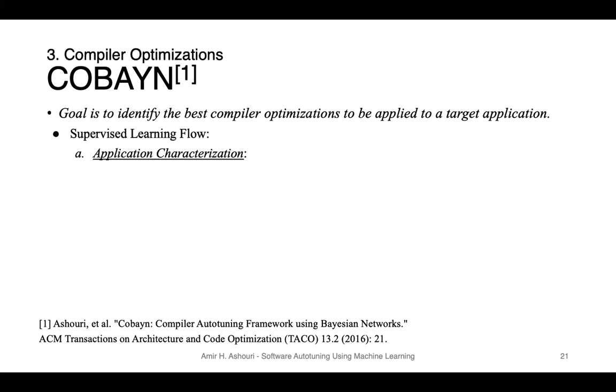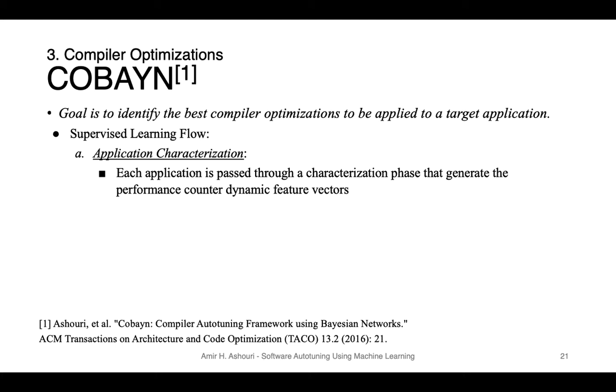So again, just like the sample figure that I mentioned, we characterize the applications. Each application passed through one set of characterization. We construct the model using the Bayesian network. I'm not going to go into details, but please ask me if you need further details.